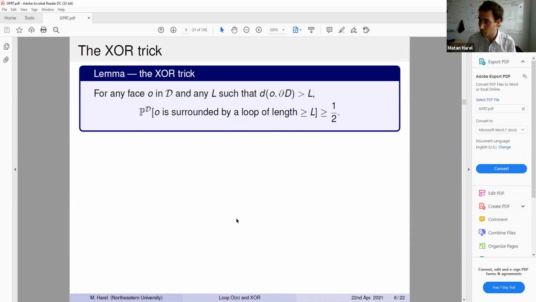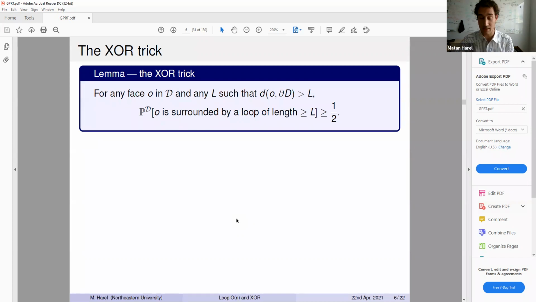Then if I pick a uniform loop configuration in this domain D, the probability that the face O is surrounded by a loop whose length is at least L, and by length I mean the outer radius, the smallest ball that it fits in, is at least 1/2.